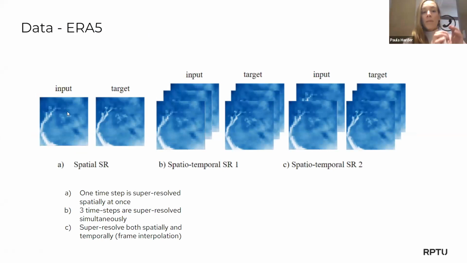One where you just have one input and one target, then a time series of three input data, which we then super resolve into a time series again spatially, and use the information of the previous time steps, but then also do spatial temporal super resolution, or time frame interpolation as it's sometimes called, where we also increase the temporal resolution, just to have different cases of downscaling and see if our constraints are applicable across all of them.